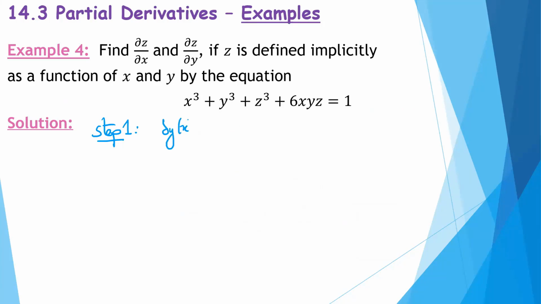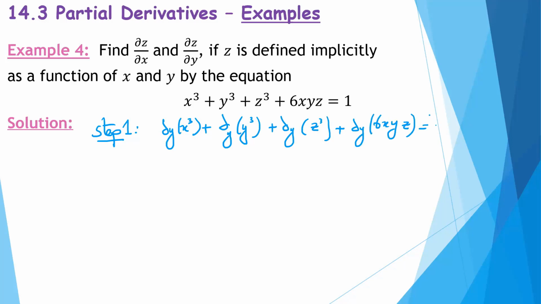So d/dy x cube plus d/dy y cube plus d/dy z cube plus d/dy 6xyz equals d/dy of 1. Here d/dy means x is fixed. y and z vary, and the right-hand side is 1.